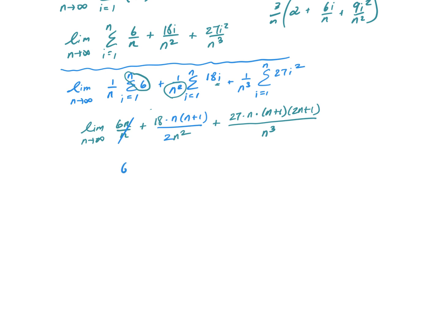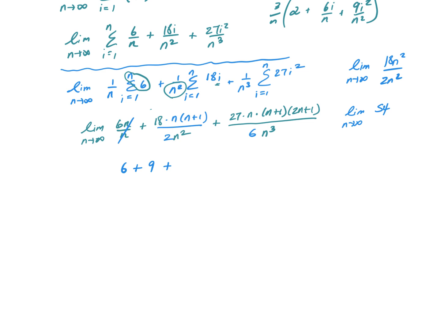So we're going to get 6 plus, so I have 18n squared over 2n squared. So if you do the limit as n goes to infinity, 18n squared over 2n squared, same powers, we keep the coefficients, I get plus 9. And the next one, we're going to get 27, so I actually get 54 over 6.